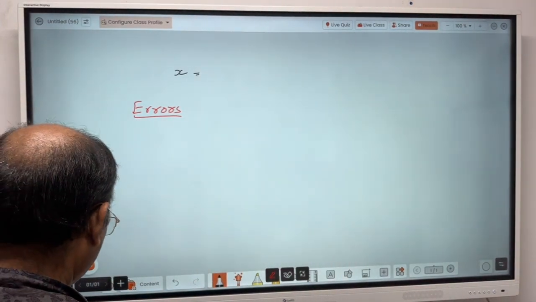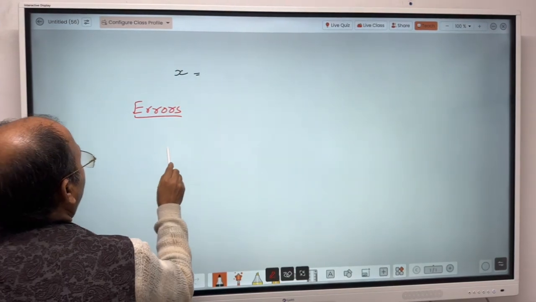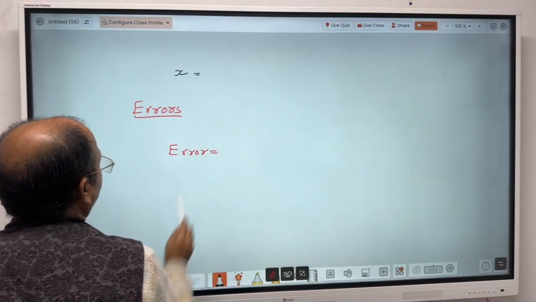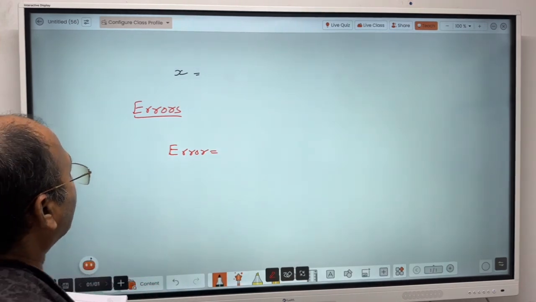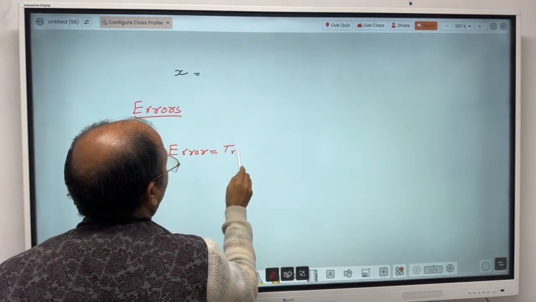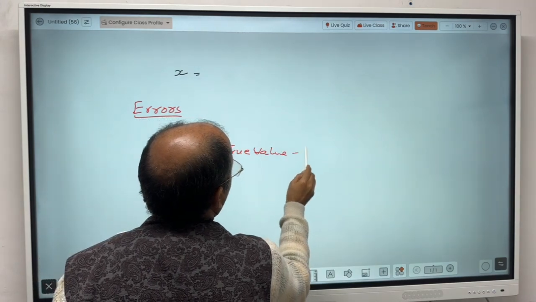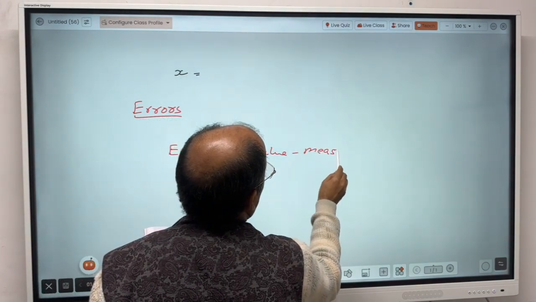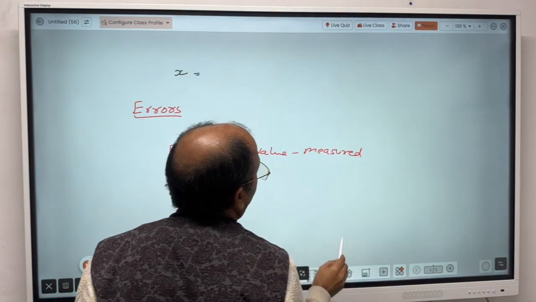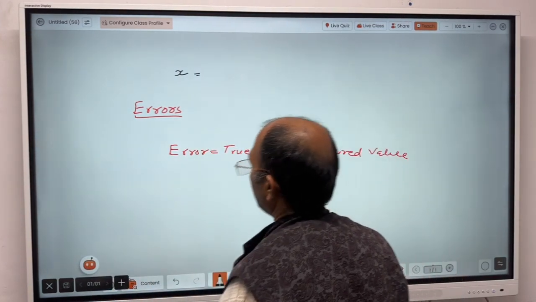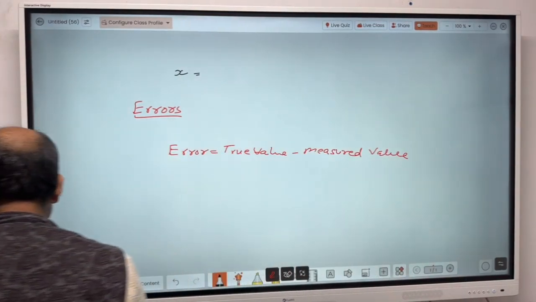So we are going to study them. What is the formula for error? Error means deviation from the true value. So true value minus measured value.